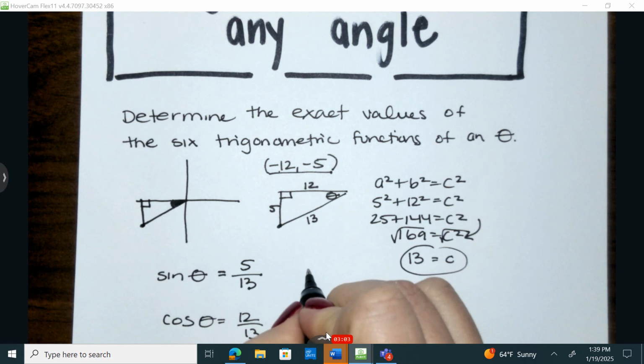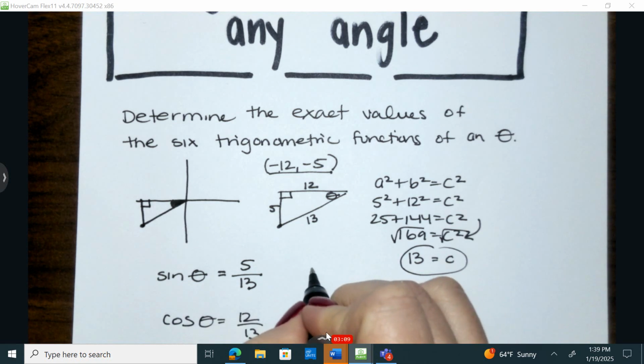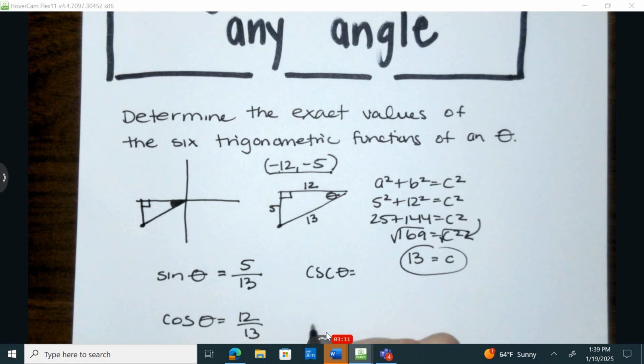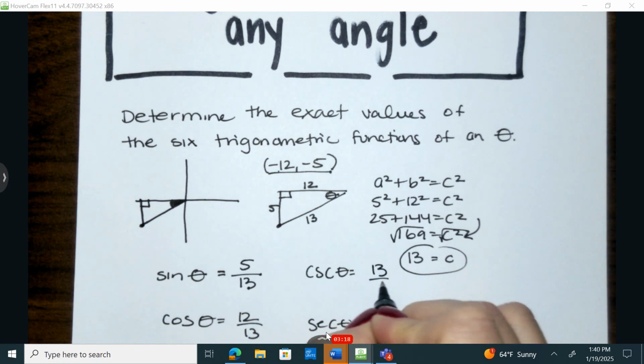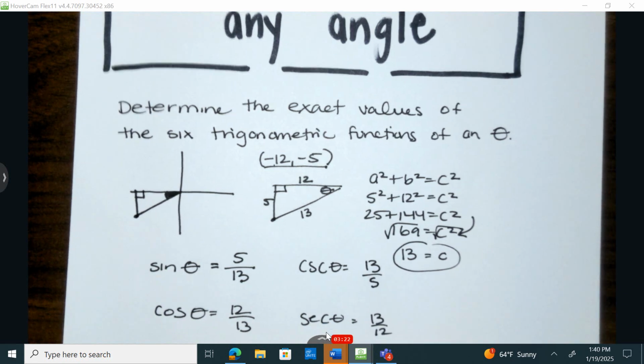Then we have the 3 trig functions that are the secondary ones, or the reciprocals of these primary trig functions: cosecant, secant, and cotangent. So the reciprocals would be 13 over 5, 13 over 12, and 12 over 5.